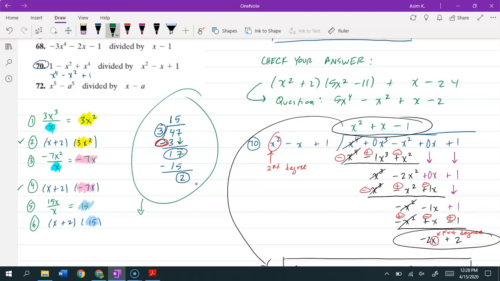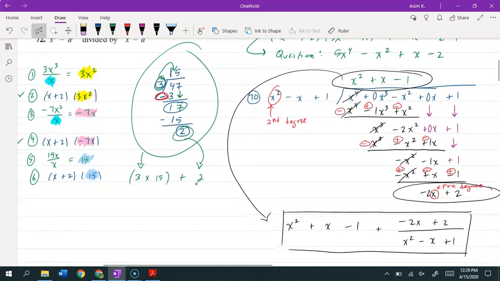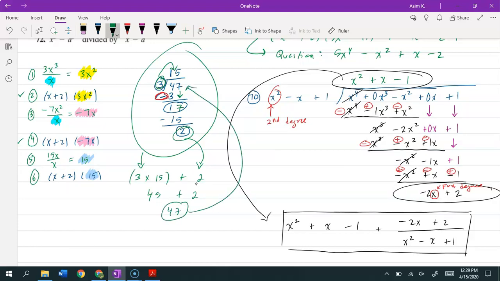You would have said, let's take 3 and multiply it by 15, and then add the remainder, which was 2. So 45 plus 2 gives you 47. Because you end up with the same thing that was inside the division sign, which is called the dividend, then you know that you did it correctly.